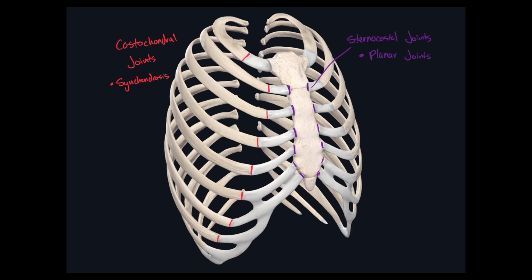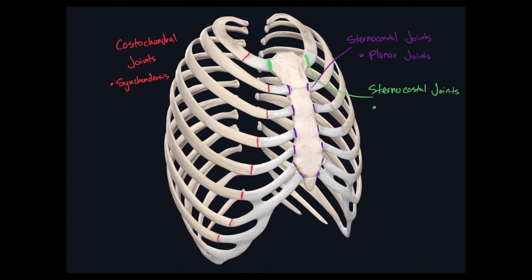You may have noticed that while I was labeling all the different sternocostal joints, I forgot to label the ones of the first ribs right here. I did it on purpose because I wanted to make a special note about them. These are still sternocostal joints. The names are the same as the ones located inferior to them.